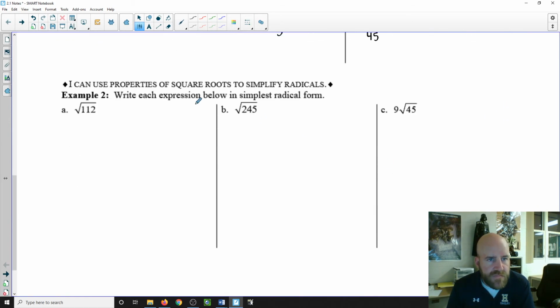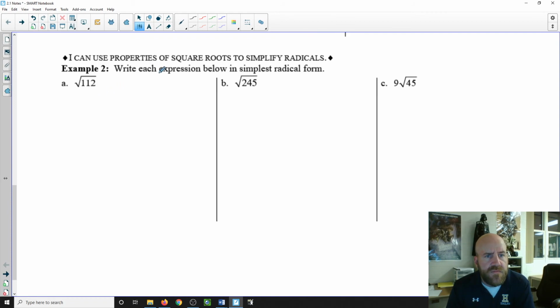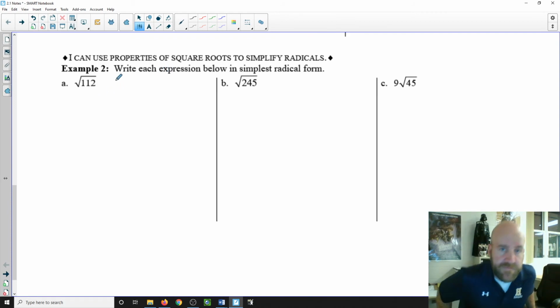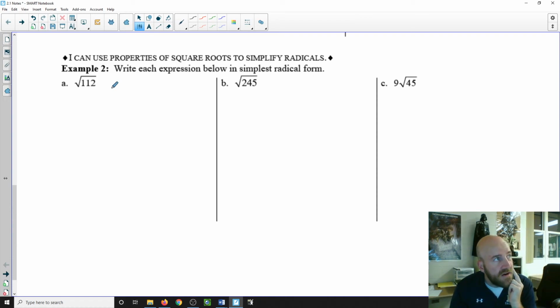Alright. So example 2, write each expression in simplest radical form. So that's what we're doing. So now we need to think about 112. So what times what would be 112? Well, we have 7 times 16. 7 times 16 is 112.